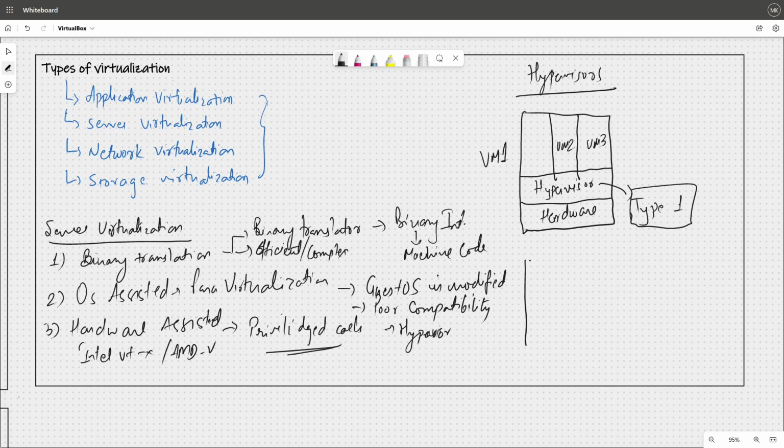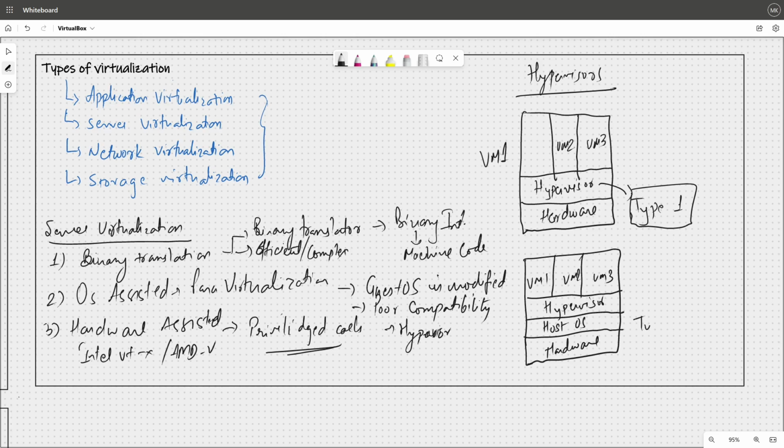And if we talk about the same thing, we have hardware, we have your host operating system, we have hypervisor, and then we have your VM1, VM2, and VM3.